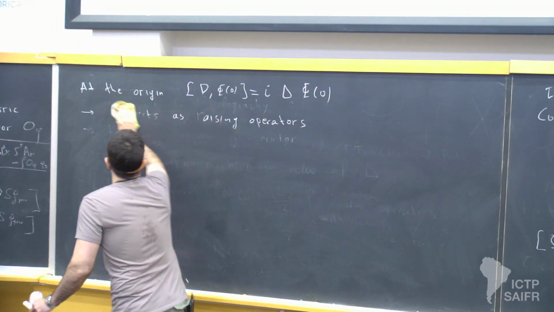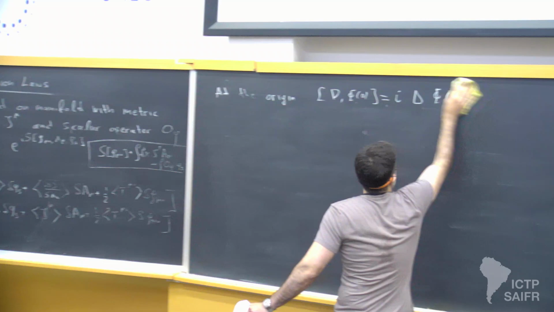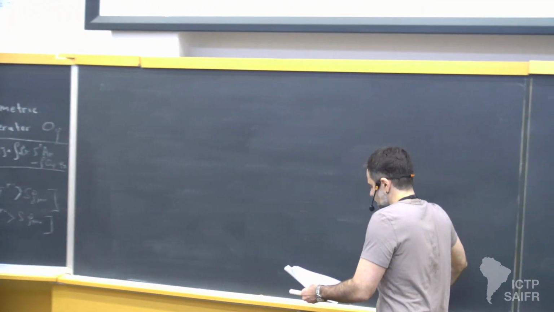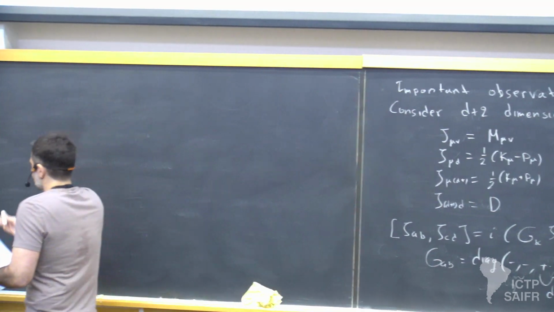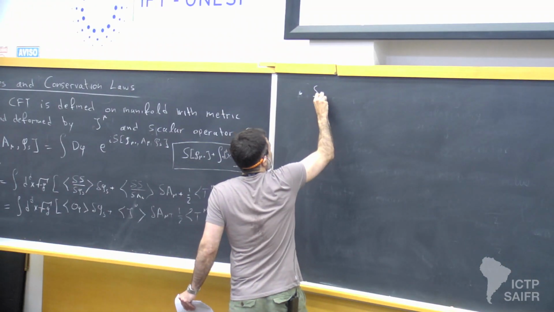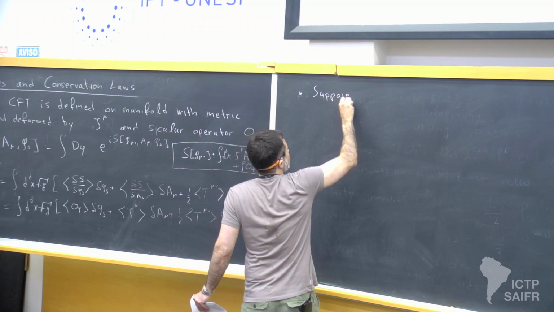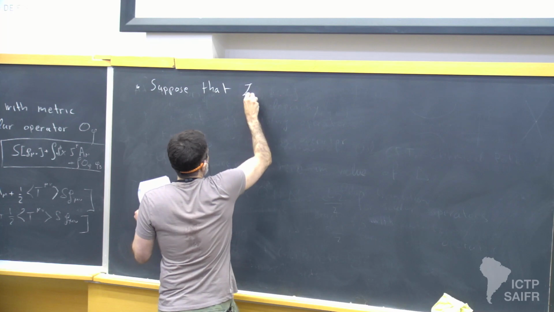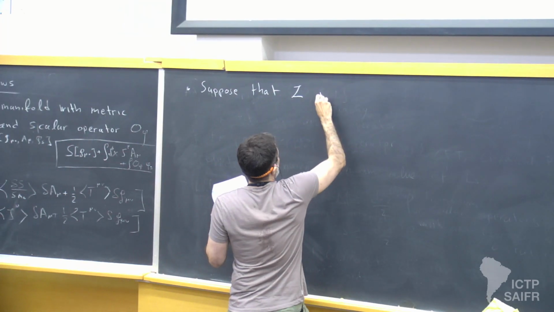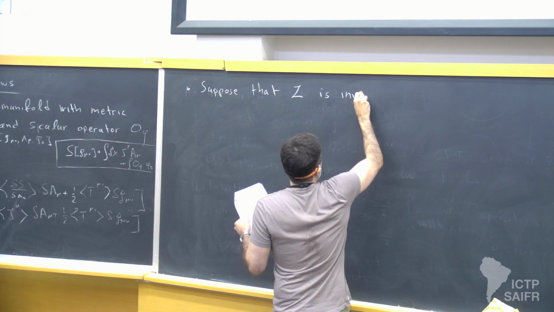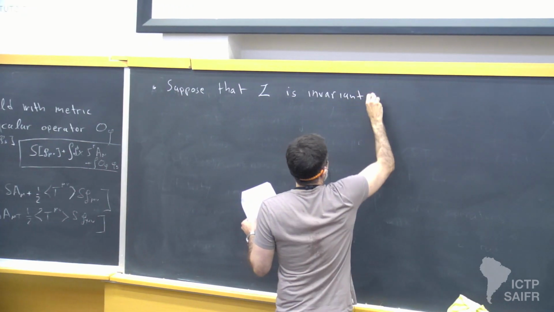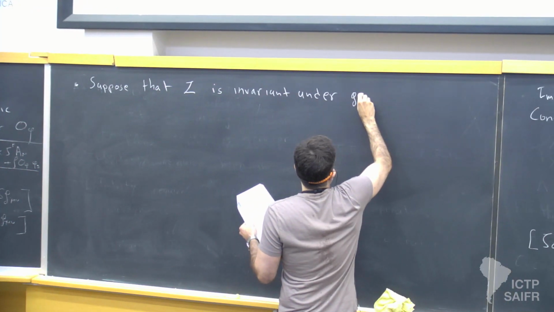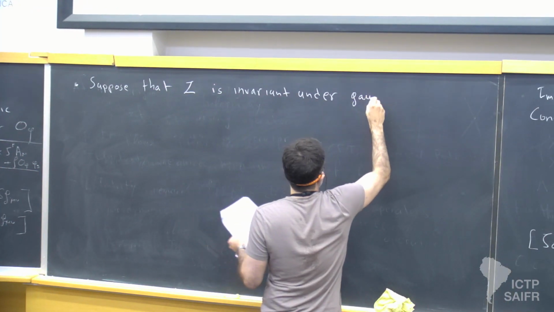Now, suppose that the partition function Z is invariant under gauge transformations of the external source A mu.